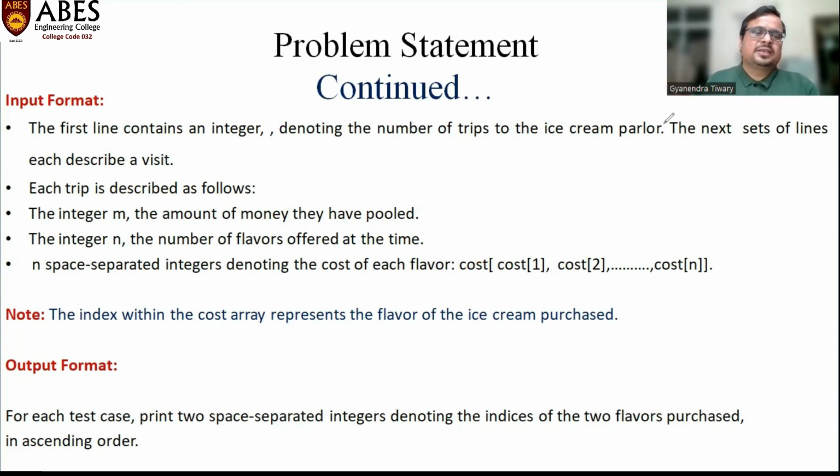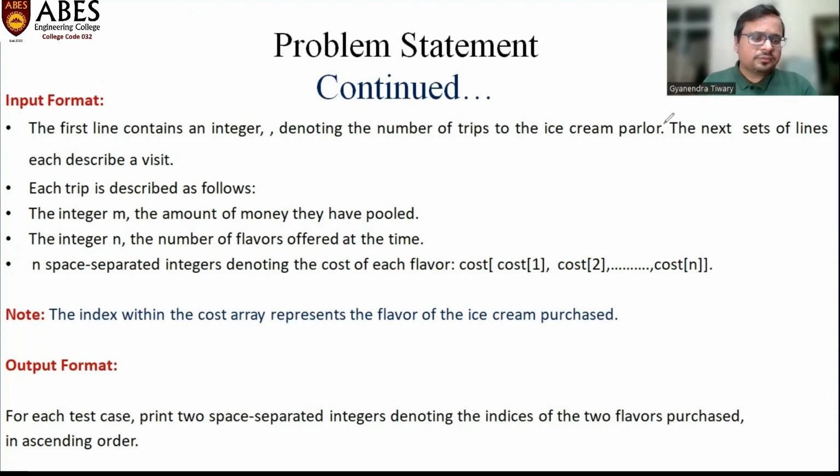The index within the cost array also represents the flavor of the ice cream. So we have to print the indices. Indices represent what? The flavor of the ice cream. So if in the output they are saying print the flavors which they are purchasing, that means we have to print the indices of the array. The elements of the array are basically the cost, and the indices of the array are representing the flavors, right?